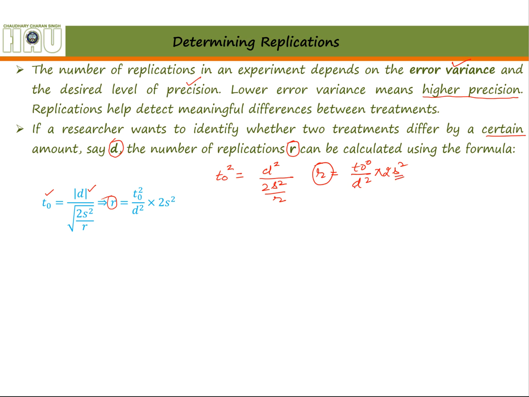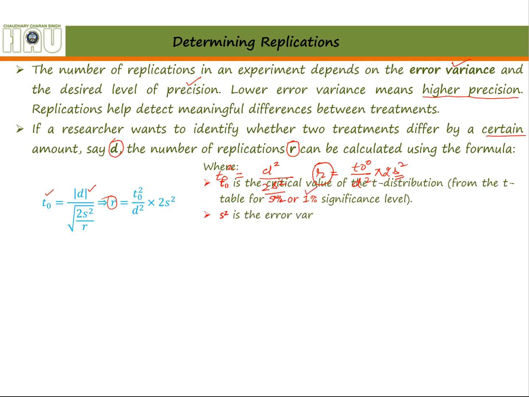By this formula, you can identify the optimum number of replications, where t0 is the critical value of the t distribution, often taken from the table at a certain level of significance. S square is the error variance, and D is the minimum detectable difference between treatments.